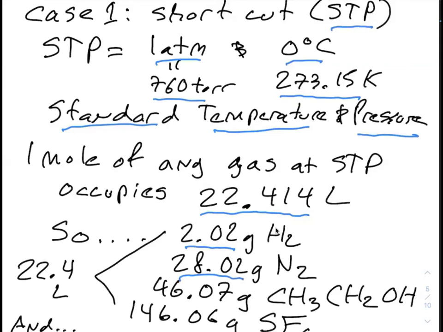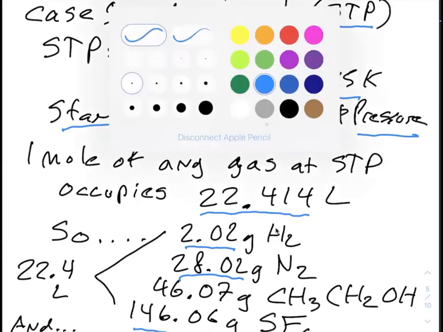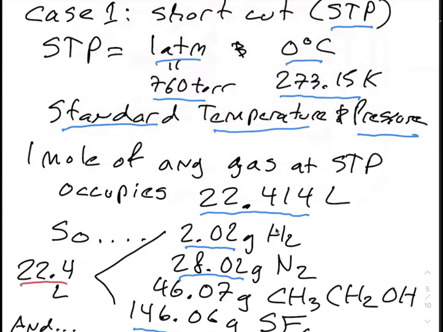All right. Or ethanol, or 1 mole of sulfur hexafluoride. All of those gases, if we're at STP, have a volume of 22.4 liters, right?